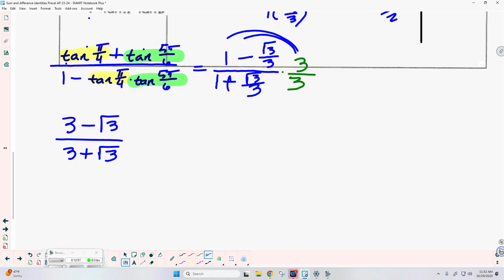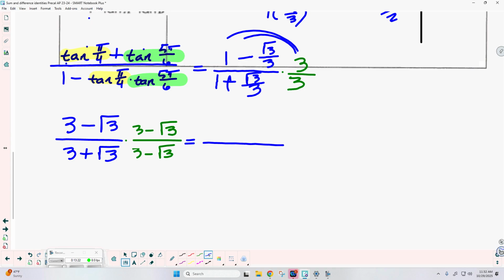Like, what's the conjugate to 3 plus root 3? 3 minus root 3, yes. A plus b, a minus b. So 3 minus root 3, 3 minus root 3. Again, I'm multiplying by a version of 1 because I want to be careful not to change that value. Okay? So I'm going to have to FOIL these together.